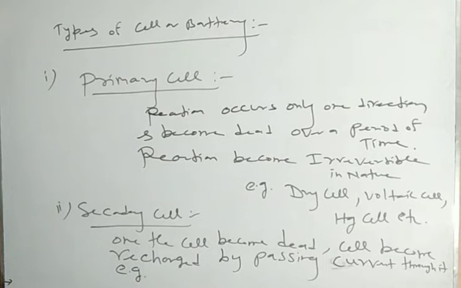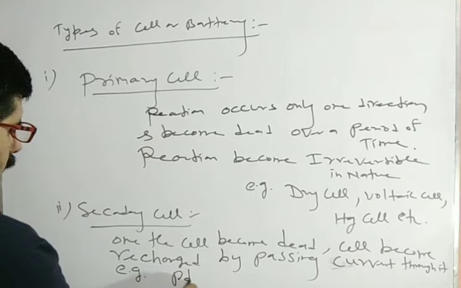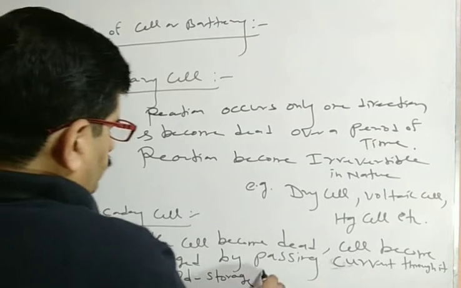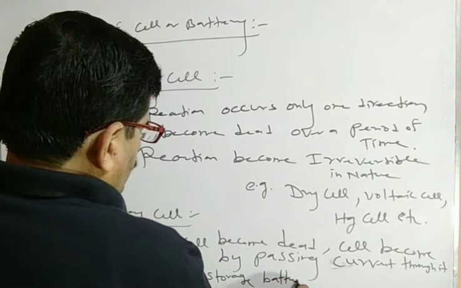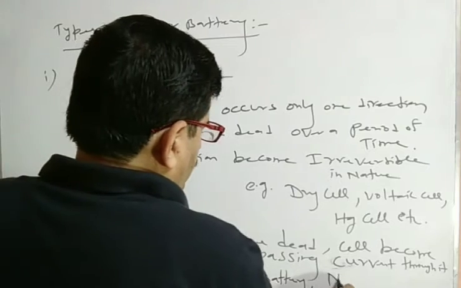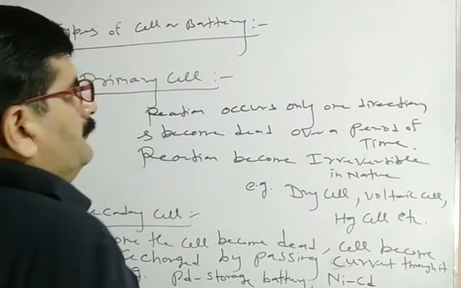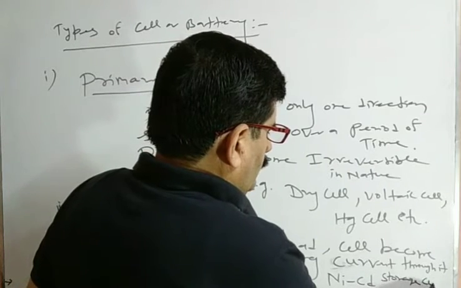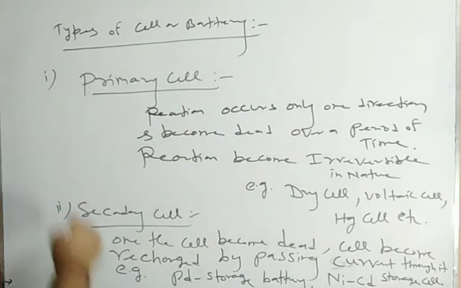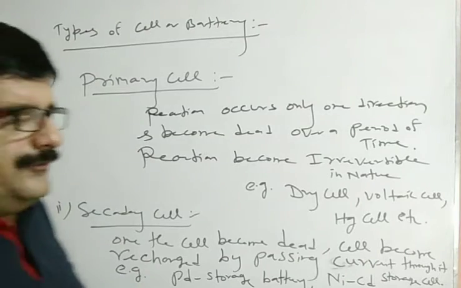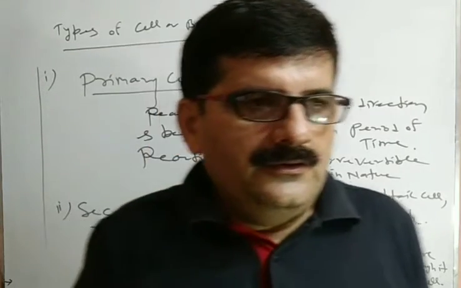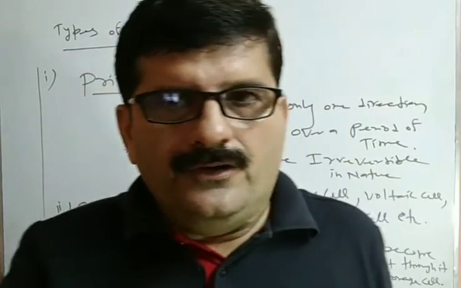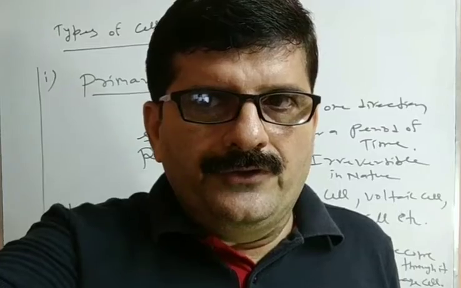Examples: lead storage battery, nickel cadmium storage cell. So in a nutshell we can say a primary cell is not rechargeable, whereas a secondary cell is rechargeable in nature.